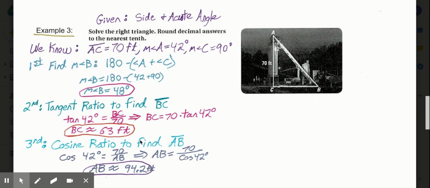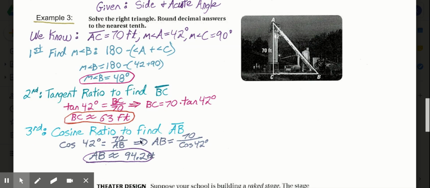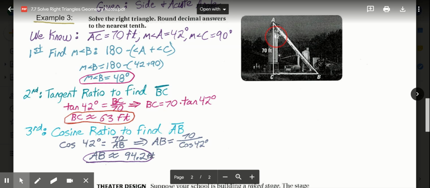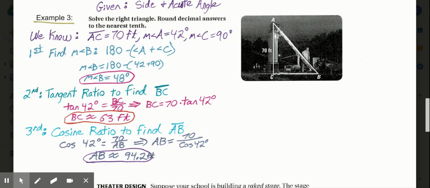Then we'd want to use the cosine ratio to find AB. Using cosine because, again, we knew 42 degrees, we knew 70 on the adjacent, and we're looking for the hypotenuse. So if we have adjacent and hypotenuse, we will use cosine. So the cosine of 42 degrees equals our adjacent over the hypotenuse, 70 over AB.